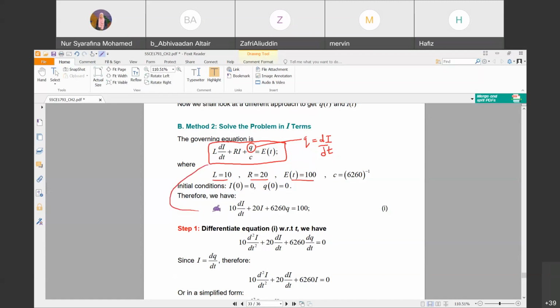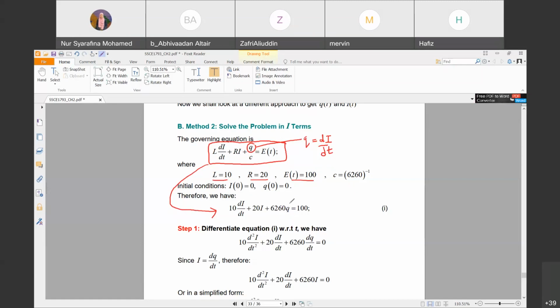Therefore, the function becomes like this. Then R is 20, C is 1 over 6260. So we cannot solve this directly because we involve both I and Q within time.